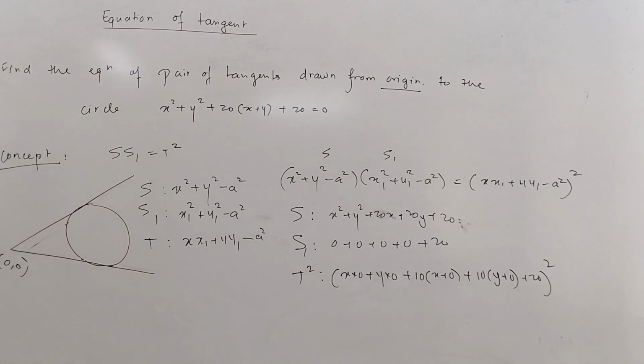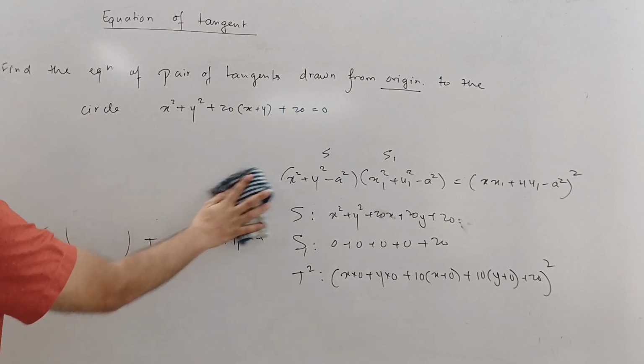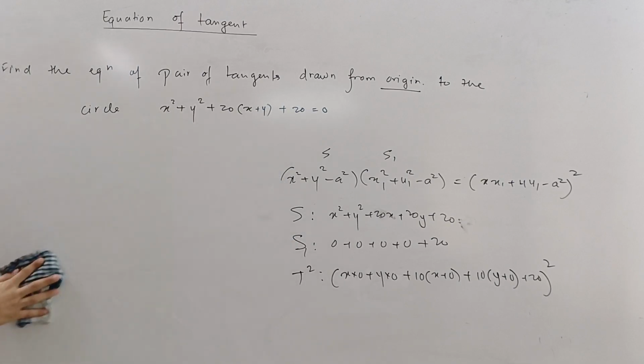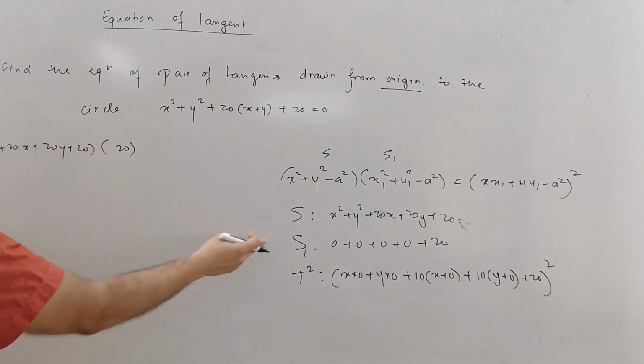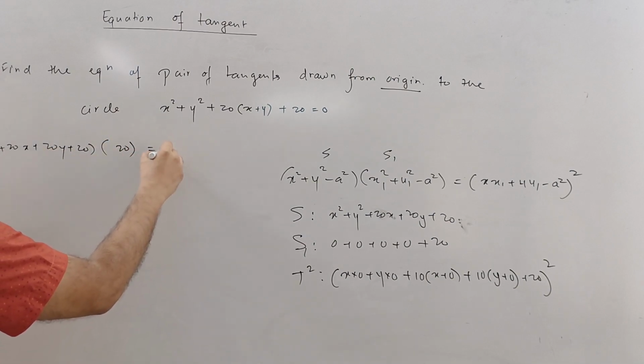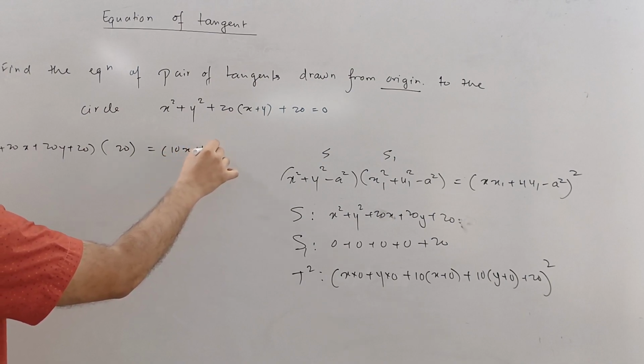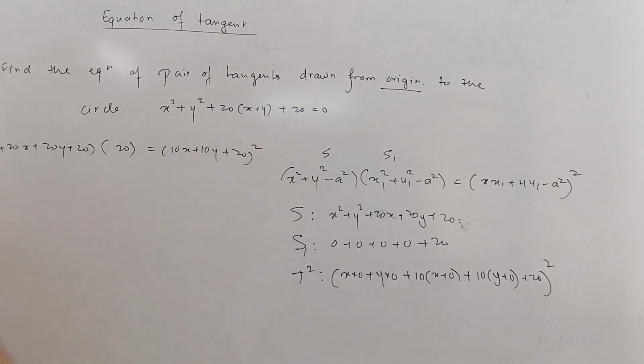Now let's put it up in the expression form and try to get a final answer. So x squared plus y squared plus 20x plus 20y plus 20 into 20, because S1 is 20, and this is going to be 10x plus 10y plus 20, the whole square.